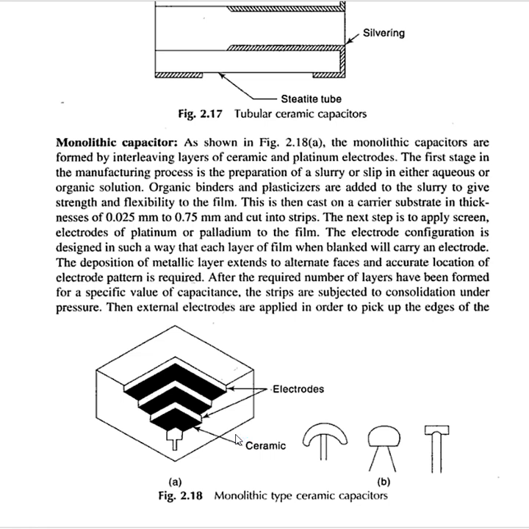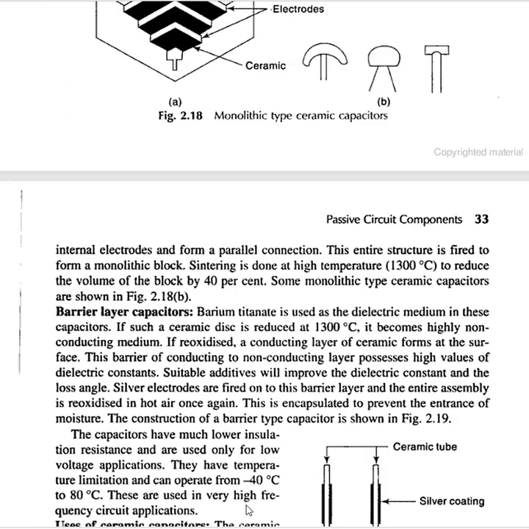After the required number of layers have been formed for a specific value of capacitance, the strips are subjected to consolidation under pressure. Then the external electrodes are applied in order to pick up the edges of the internal electrodes and form a parallel connection.